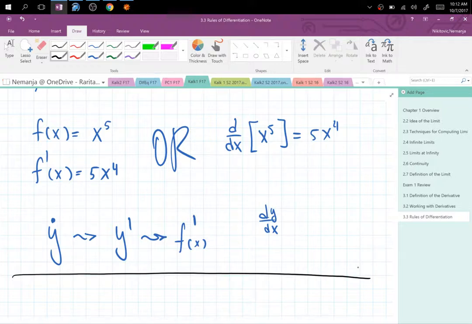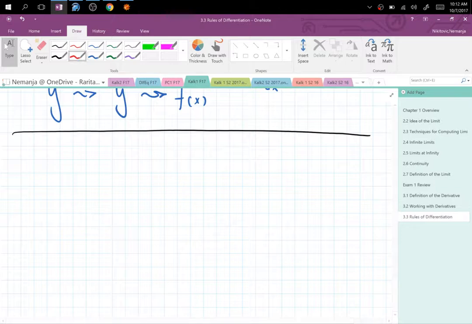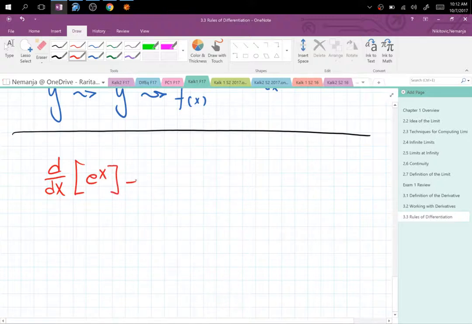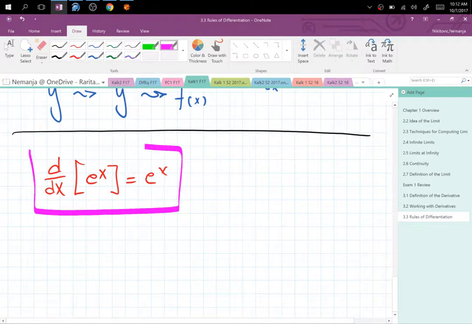Okay. So the last big formula, we still have to talk about higher order derivatives, but the last big formula is that the derivative of e to the x is e to the x. This is the only function that does this, obviously. Can't have more than one. So the derivative of e to the x is itself.